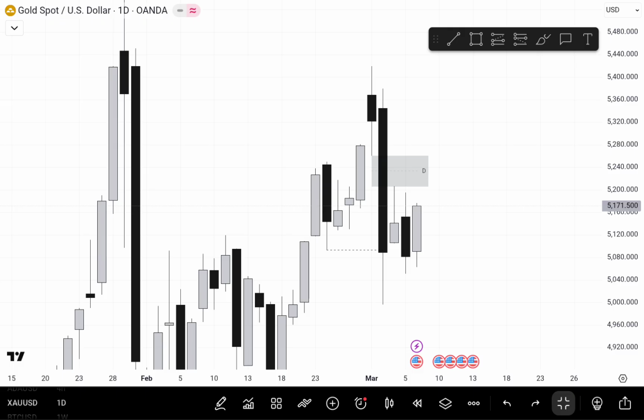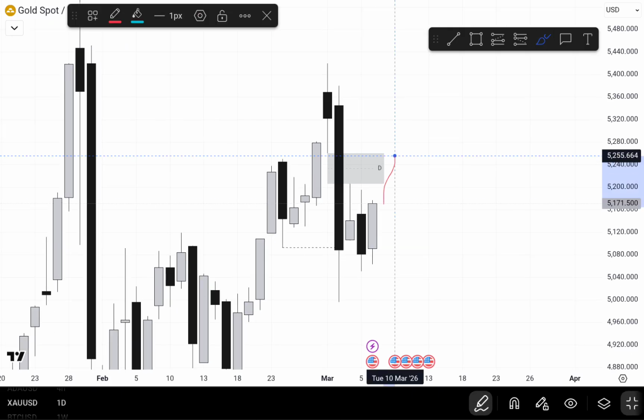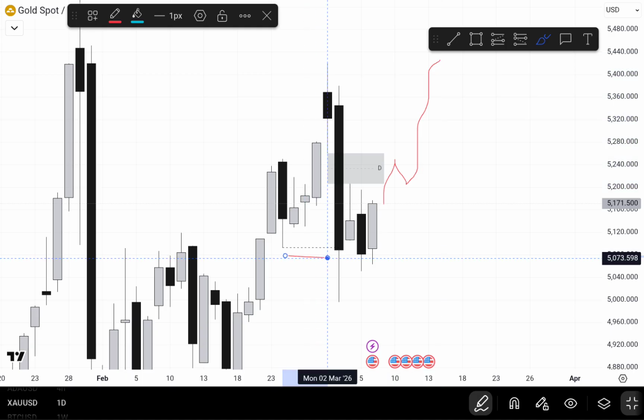So what I am expecting to see is maybe we create a new daily fair value gap, then we can use that to move higher, and that will be high probability because we swept this swing low and then created that fair value gap. So that is something I want to see.